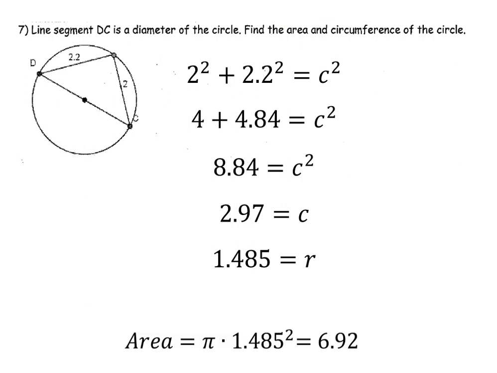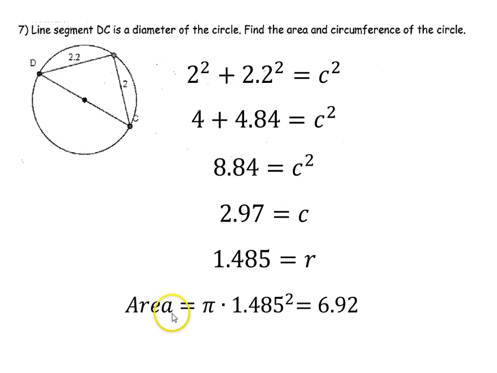That's going to be useful in finding the area, and I can use that to find the circumference as well. I guess we're doing the area first. The area is equal to pi times the radius, 1.485 squared, which is 6.92. If I do 1.485, square it, multiply it by pi, which is 3.14, I have approximately 6.92. If you want to do just 1.485 squared and put pi right next to it, that would be an acceptable answer as well.